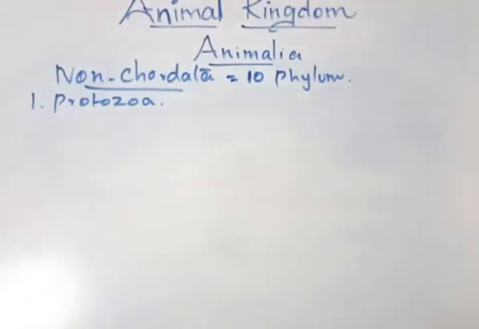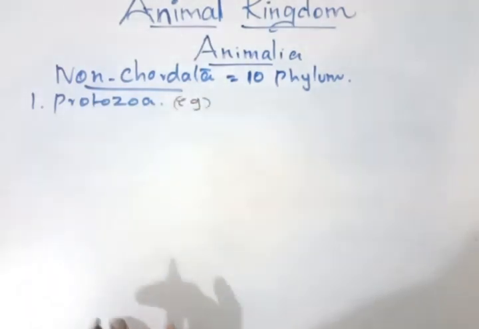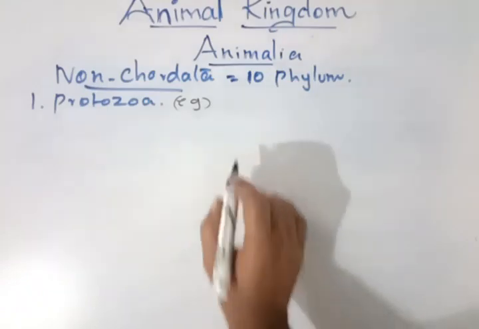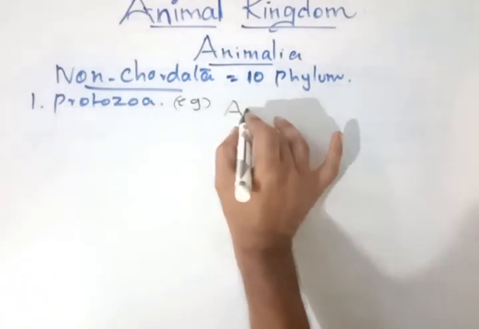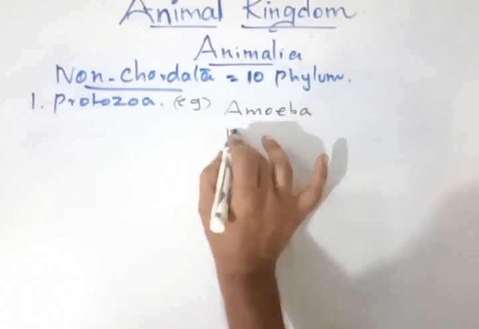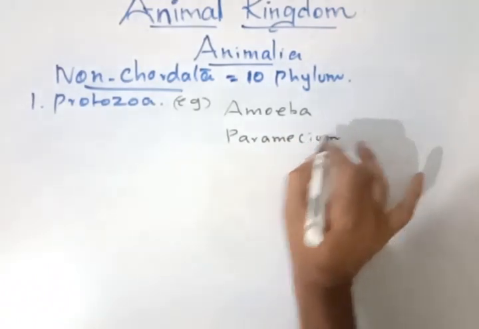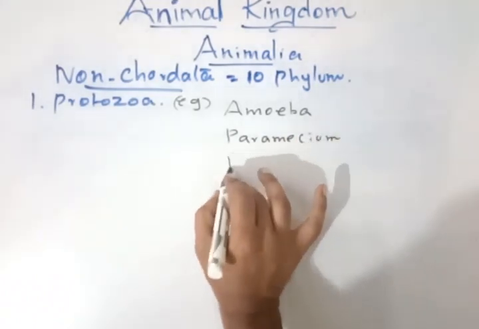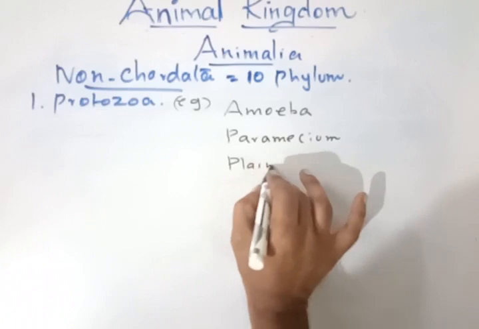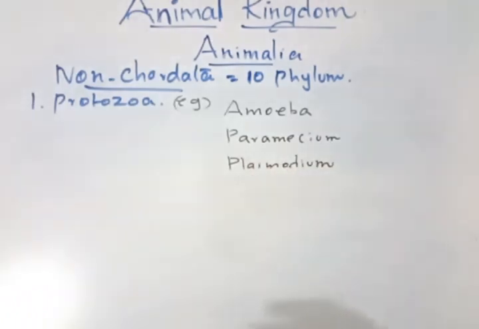One thing that you have to understand regarding protozoa, the examples for protozoans, we are studying separately. The first examples you will study are amoeba, paramecium, and plasmodium. So these three things are the examples for protozoa.